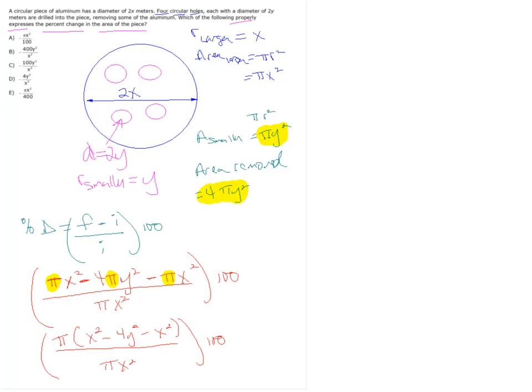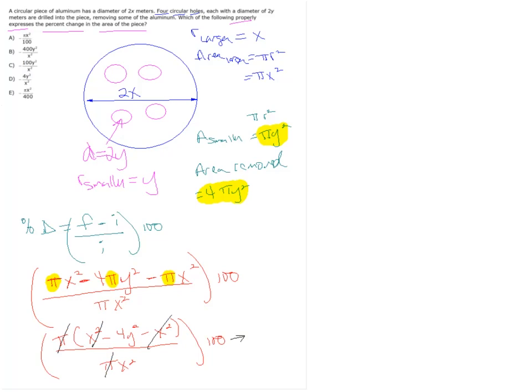And of course, the benefit to factoring out that pi was we can see that this pi will cancel with this pi. And then in the numerator, in those parentheses, we have x squared and minus x squared, and those cancel. I'm going to have to write small over here.